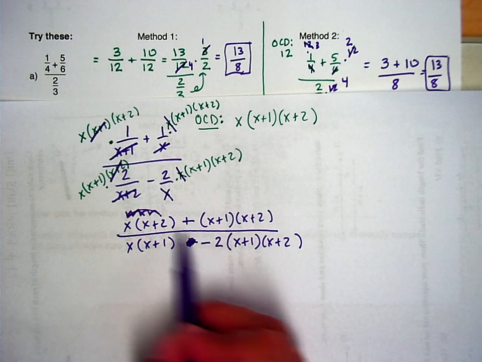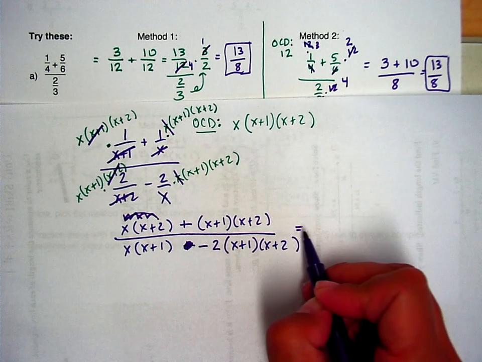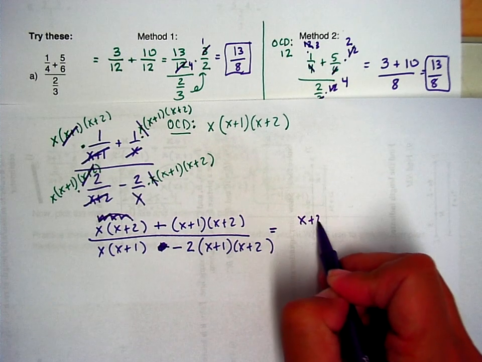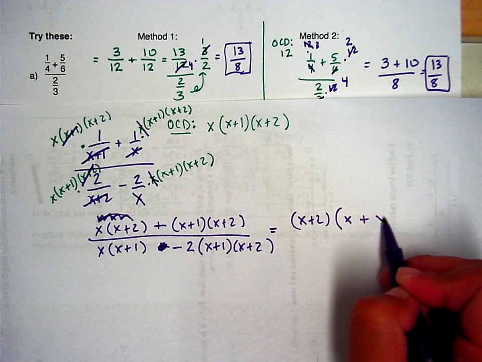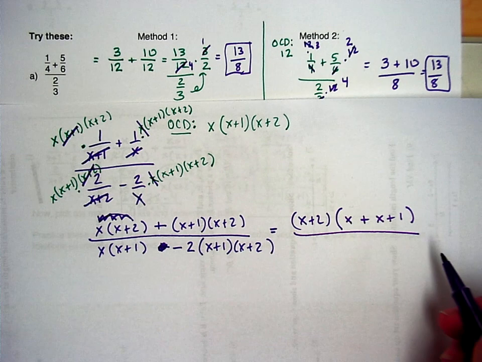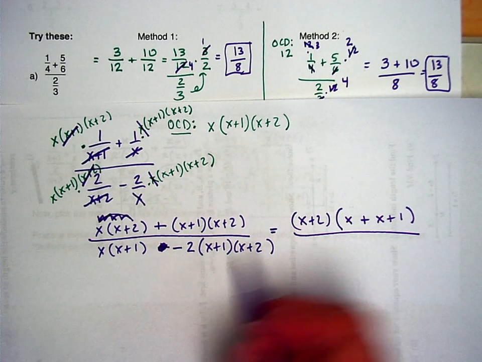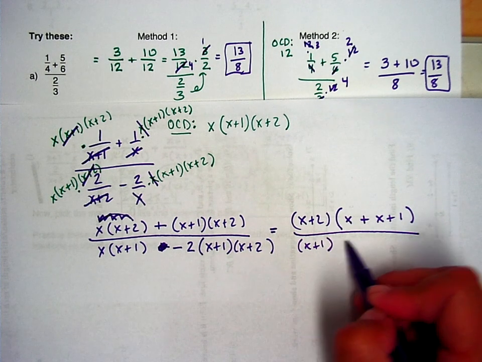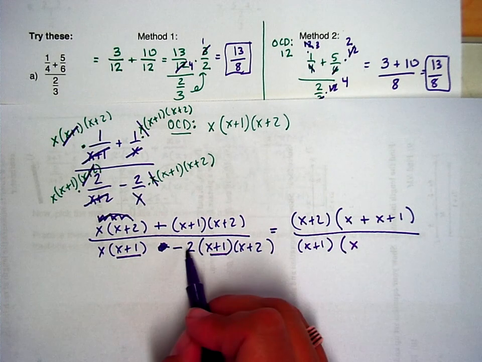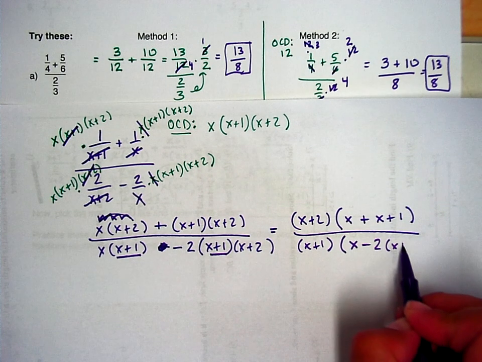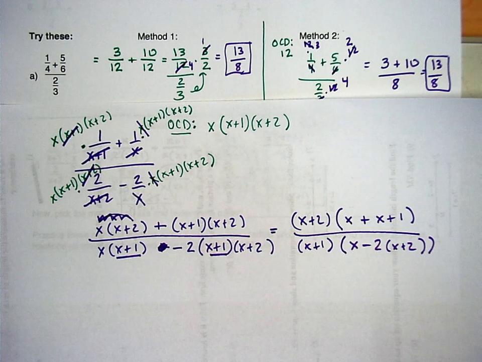On the top, notice that they both have an x plus 2 in common. So I can take out an x plus 2, and I'm left with x plus 1. And on the bottom, I can take out an x plus 1. If I take that out of both, I'm left with x minus 2 times x plus 2.